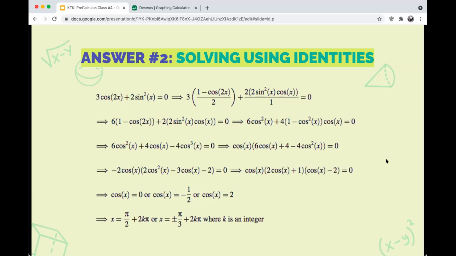And you see in this case they put k, but the representation for that is usually n, so 2 pi n, where n is an integer. Your answer can be written as, let's say the answer is pi by 2.